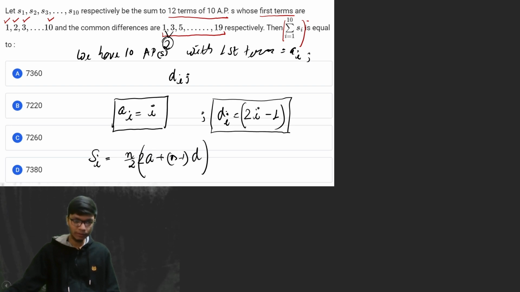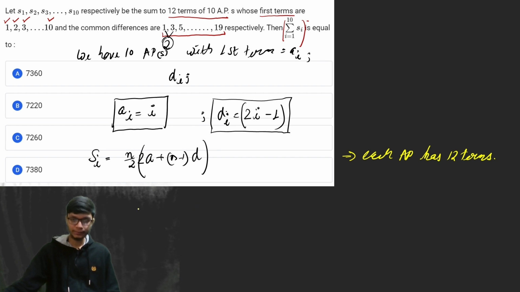Now let us compute the value for the sum of the ith AP. Each of the APs has 12 terms.